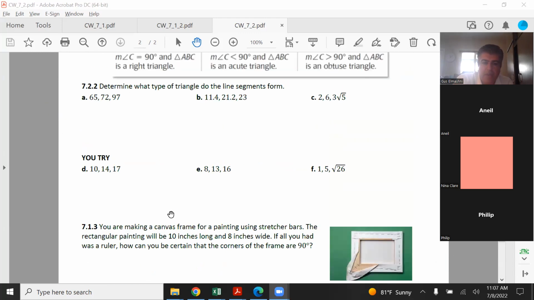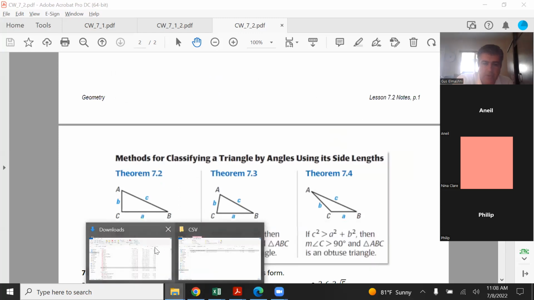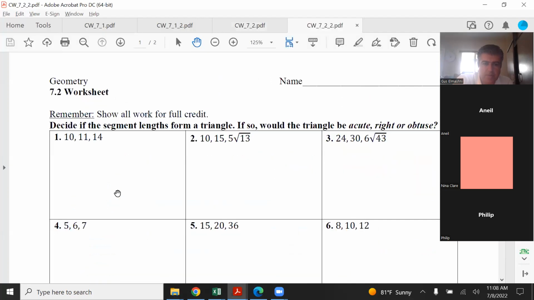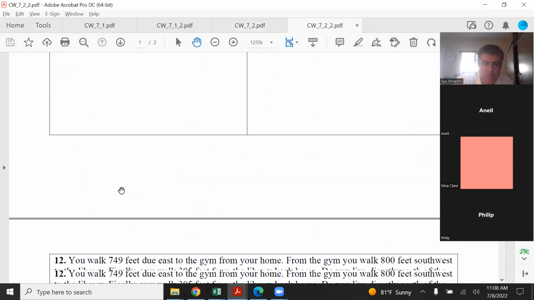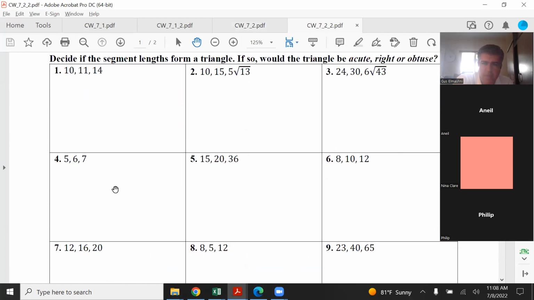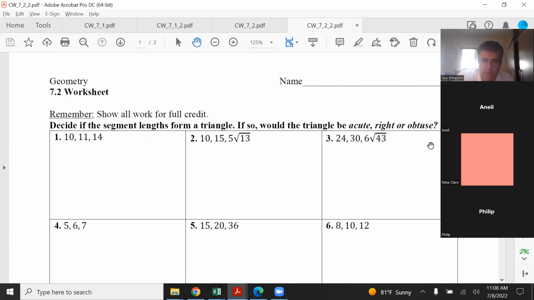All right, so now I'm going to have you guys do this worksheet here. Again, we'll spend about maybe 12 minutes on it. And you're asked to decide if the lengths form a triangle. If so, would it be acute, right, or obtuse?